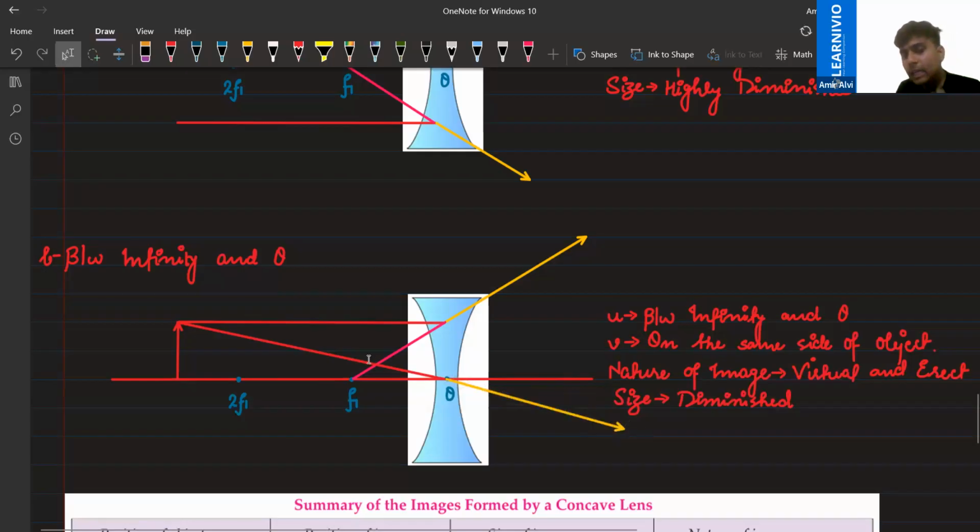So as you can see, everyone, this is the intersection point of the refracted light rays. Hence the image would be formed like this. This is the image formed. So you can see the image is forming in front of the lens, or you can say on the same side as the object, and it is diminished in nature. Is this clear, all of you? Yes, sir. Yeah, please note it down.